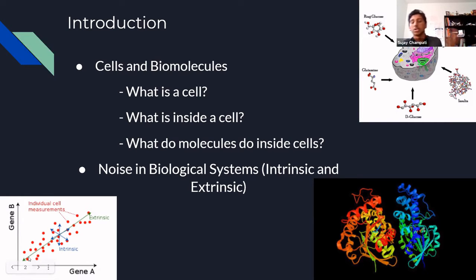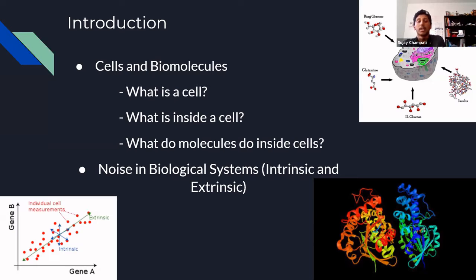If gene A and gene B are supposed to be at the same amount, the level of variation from this line of each of these single data points, that is intrinsic noise. Extrinsic noise means, if all these data points are bunched together, that means there's less fluctuation. The levels of gene A and gene B are really close together. That means there's less extrinsic noise. If they're really spread apart, then that means there's lots of fluctuation, right?